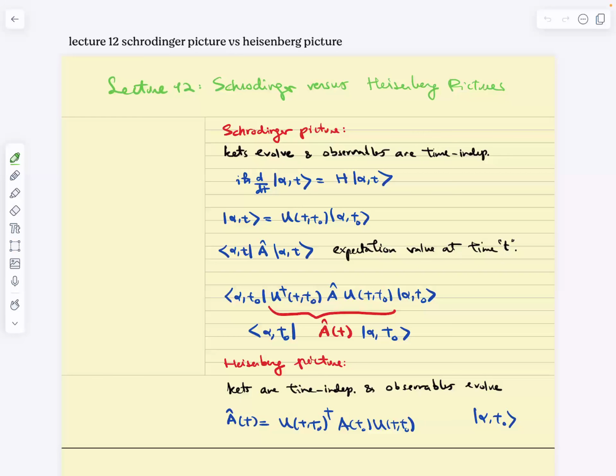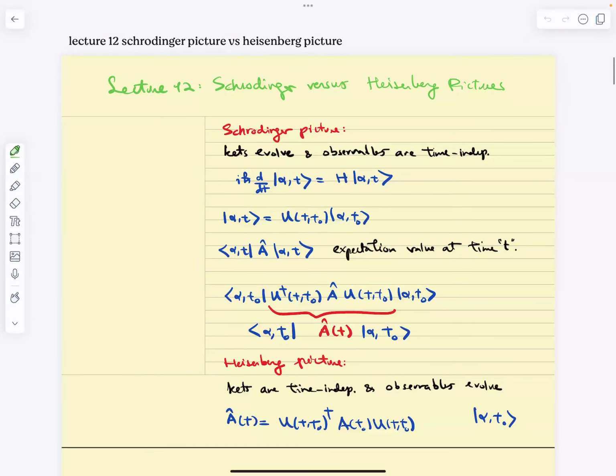All right, so what is the Schrodinger picture? Our kets evolve and our observables are time independent. So the time evolution equation, as we derived, is the Schrodinger equation for kets, right? If you recall from your undergraduate quantum mechanics, sometimes when people talk about the Schrodinger equation, they talk about the time evolution of the wave function in position space.